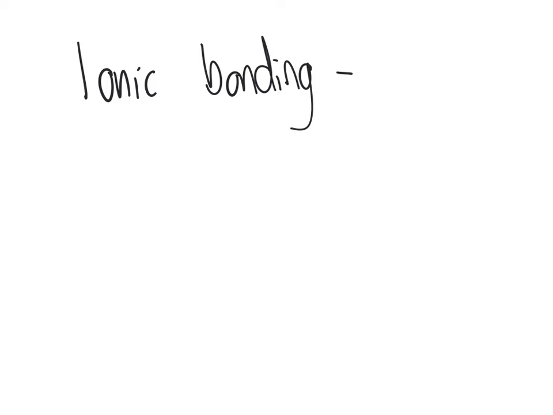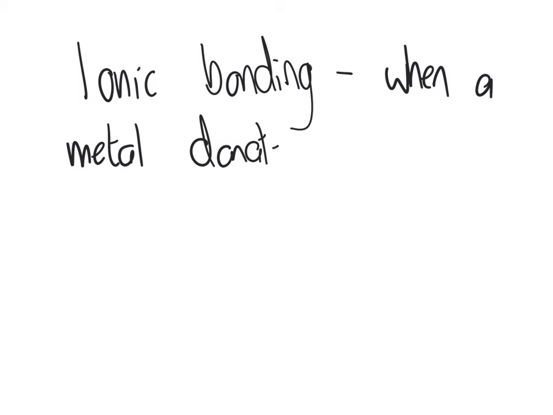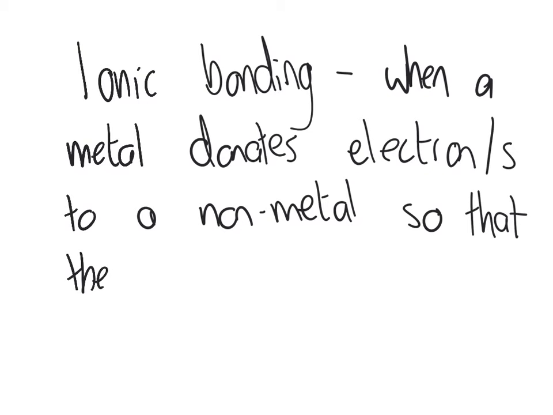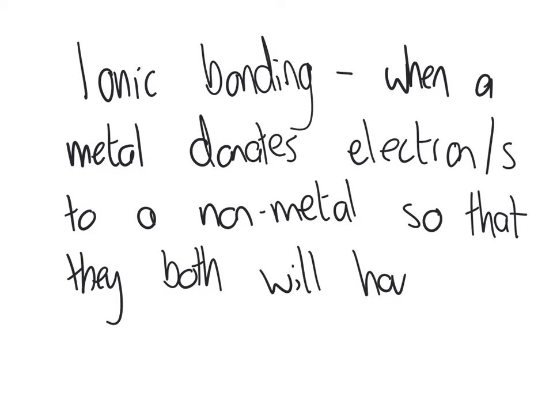Ionic bonding is when a metal donates, or you could say gives, an electron, or it could be more than one, so electrons, to a non-metal so that they both will have full outer shells.